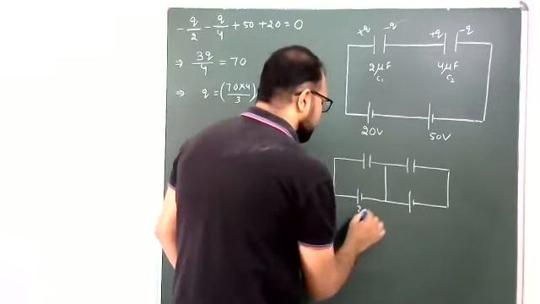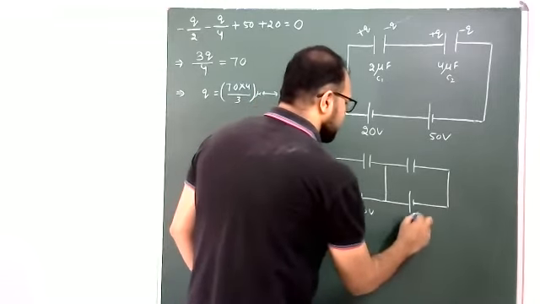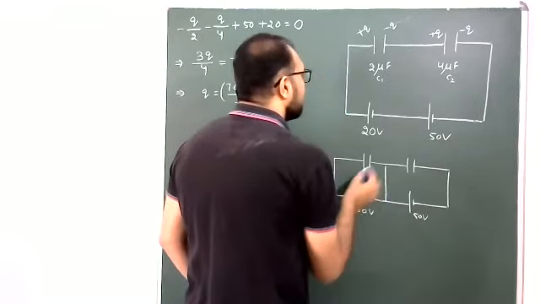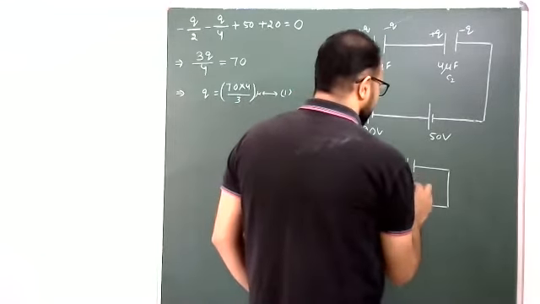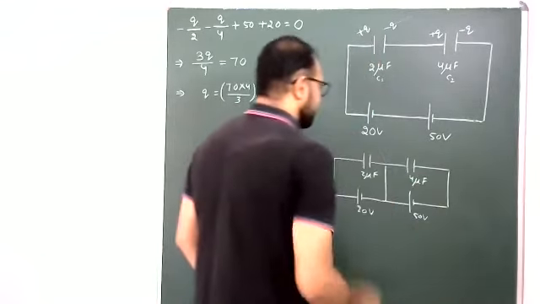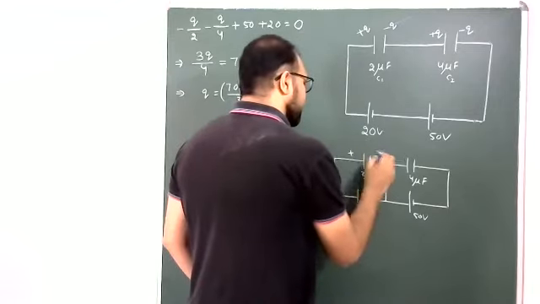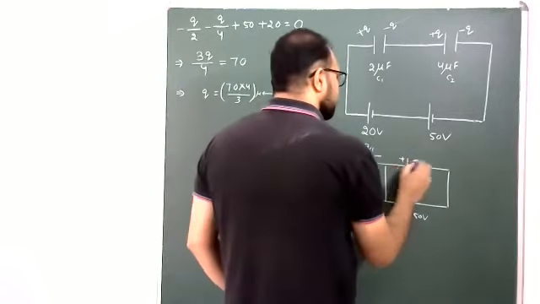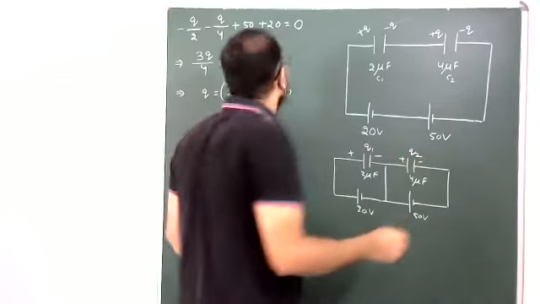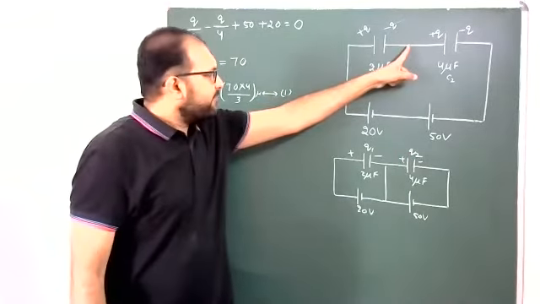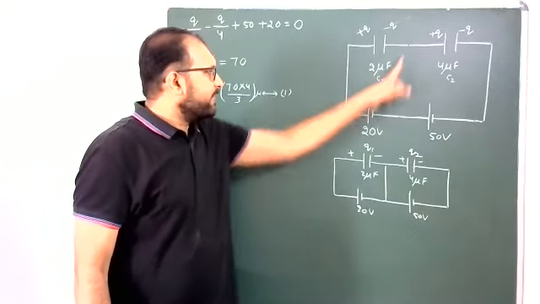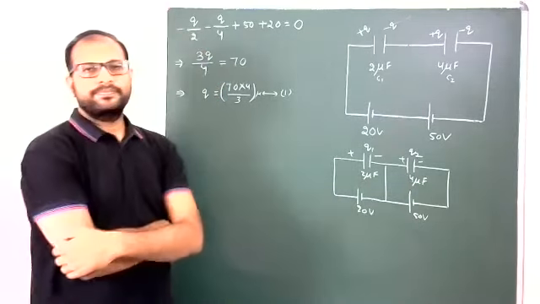So now this is 20 volts, this is 50 volts, 2 microfarad and 4 microfarad. This is Q1, this is Q2. Same circuit, after the direct connection is made from here to here.